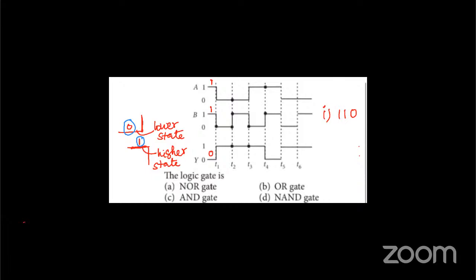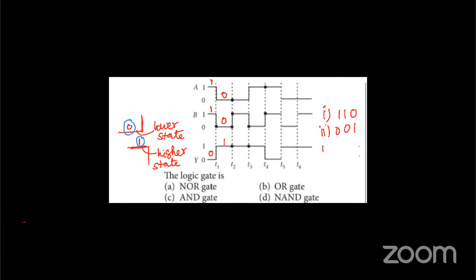Higher state we put as 1, lower state as 0. So now the combination for the second one is 0, 0, and here it is 1, right? So the value is 0 0 1.